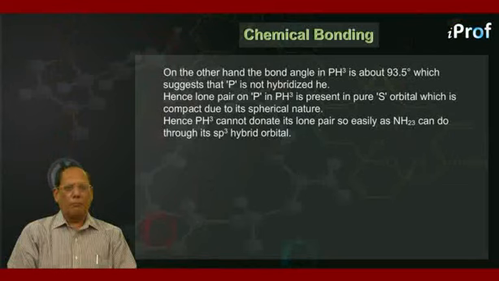Hence, the lone pair on P in PH3 is present in a pure s orbital, which is compact due to its spherical nature. Hence, PH3 cannot donate its lone pair so easily as NH3 can do through its sp3 hybrid orbital, which is directed.